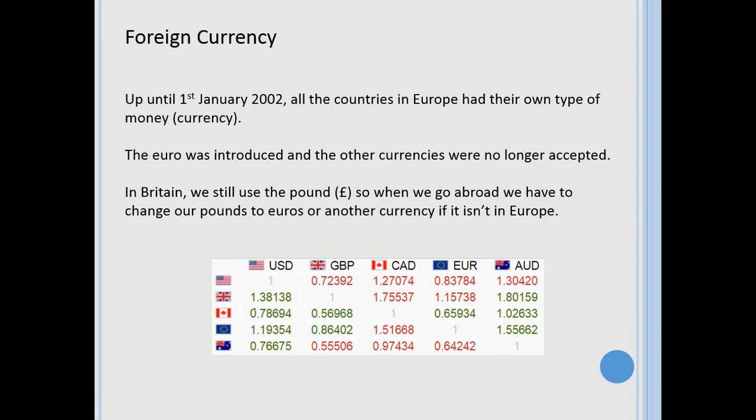So we read along the way. So we read that way. We are in the UK, so we would be converting pounds into different foreign currencies. We'll come to the first one.